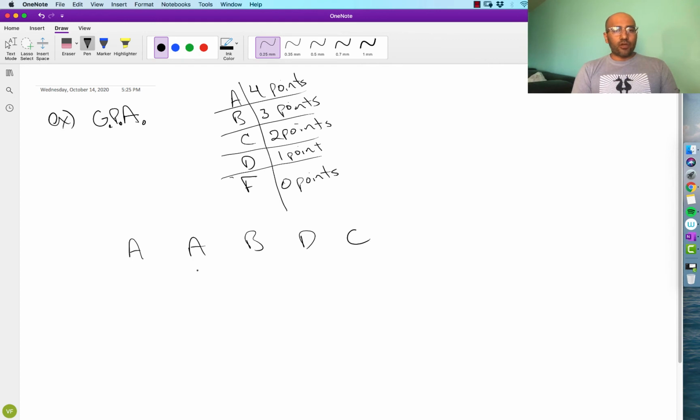You can right away jump to connect that it's not fair to compare the A in this class to the C in that class, because maybe this was a much harder class. Maybe it was a lot more work, a lot more difficult. So maybe getting a C in this class is a much brighter honor than getting an A in this one, right?